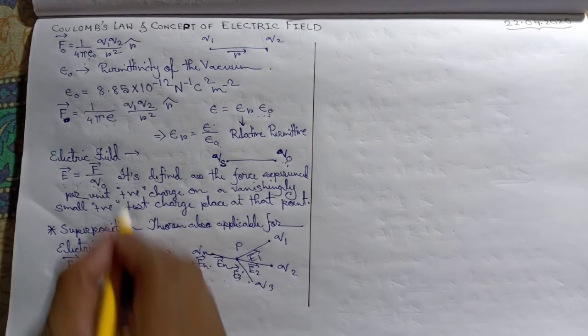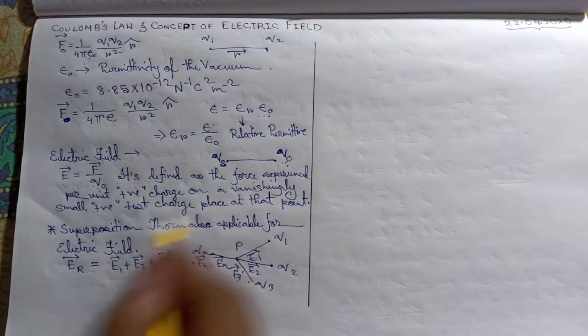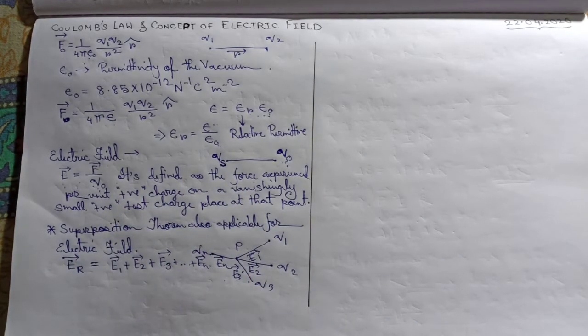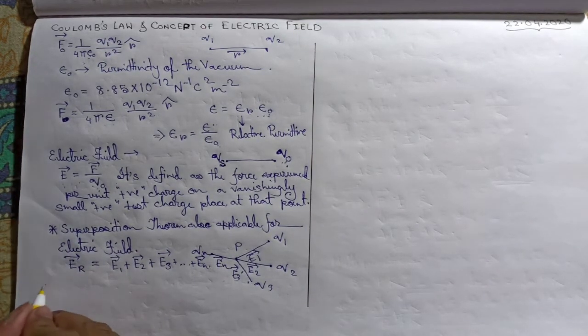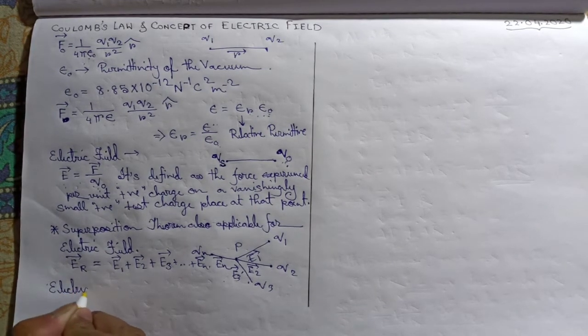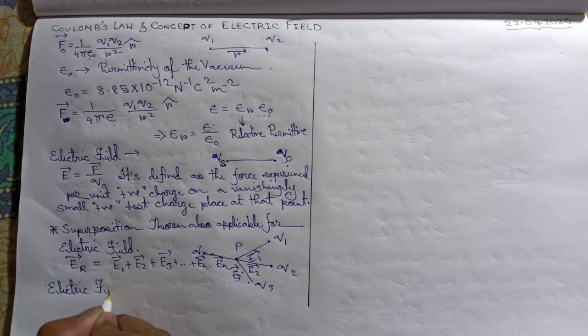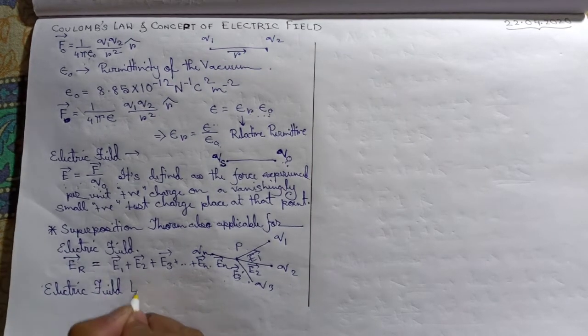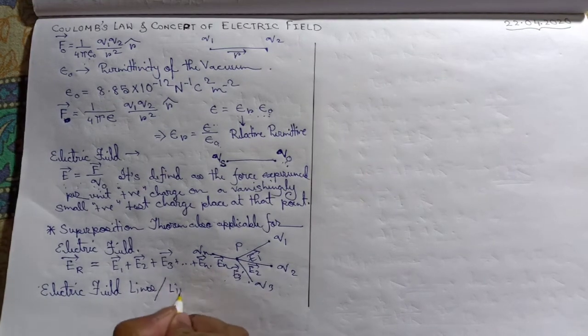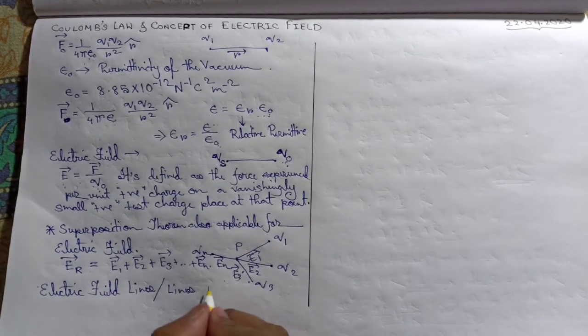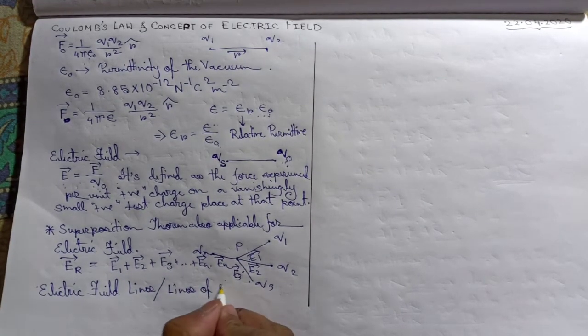Next, electric field is quite theoretical, right? Let's try to visualize it. We can visualize it through the concept of electric field lines, or lines of force. We also call it electric lines of force.